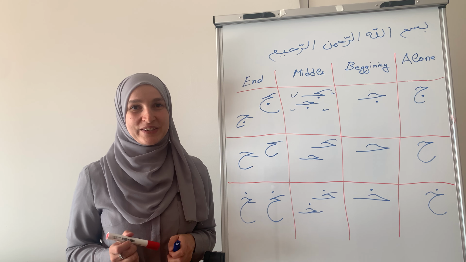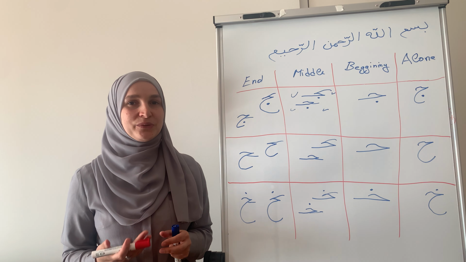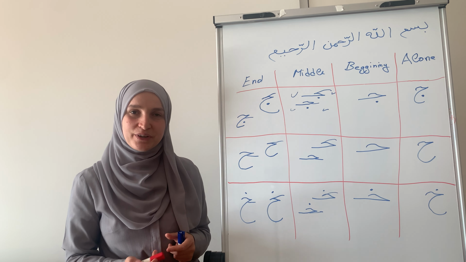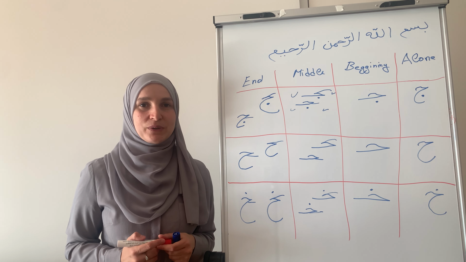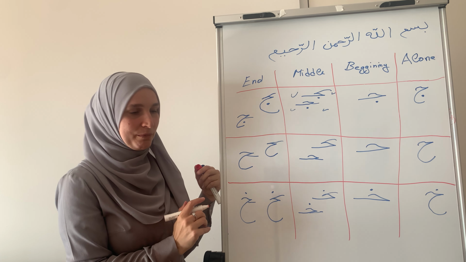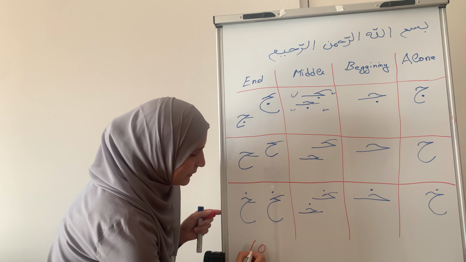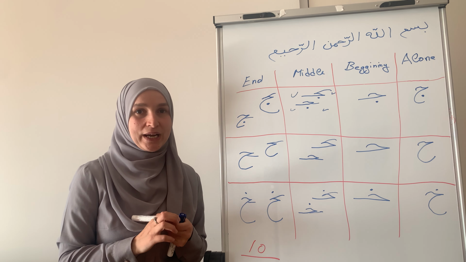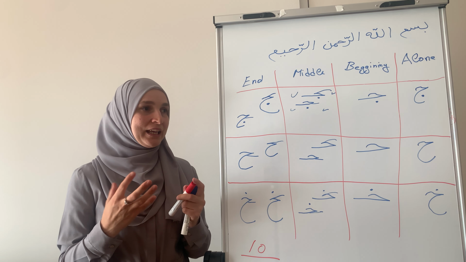With the same homework, actually. I mean, you need to do the same thing. What is it? Do you remember from the previous lesson? To write the letters with all forms 10 times. I need at least each letter to be written 10 times.